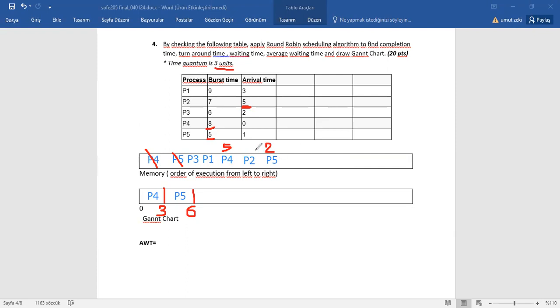So we don't need to think about this order anymore. But till here, this is the tricky part of this algorithm. Is it clear or not?